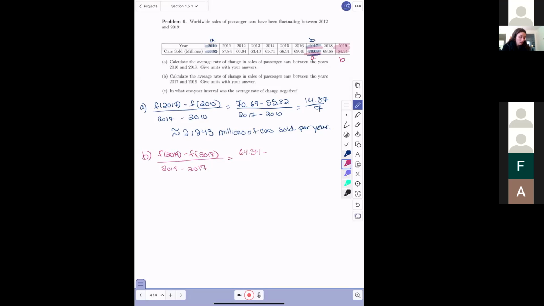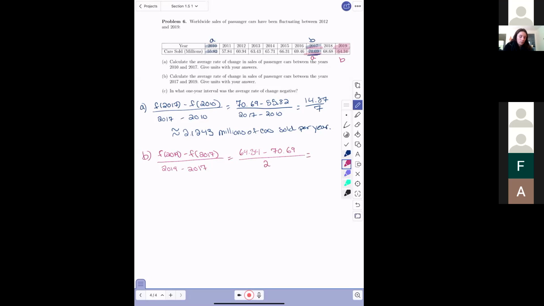And then we have F of 17, which is 70.69 all over 2019 minus 2017 is 2.